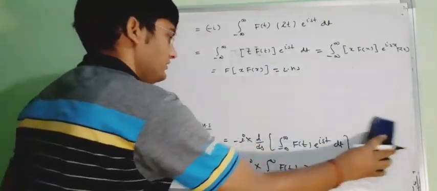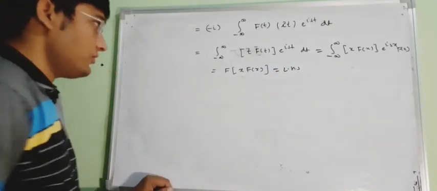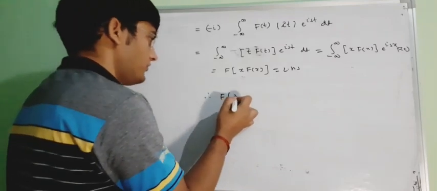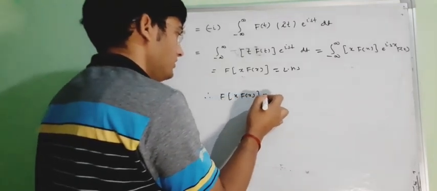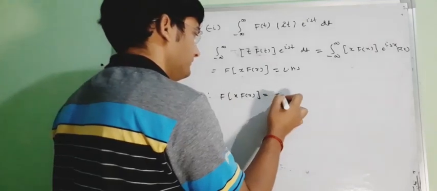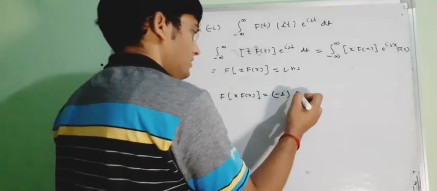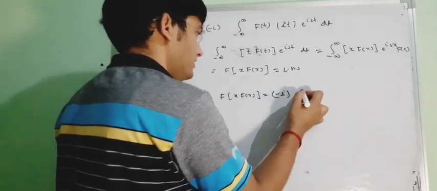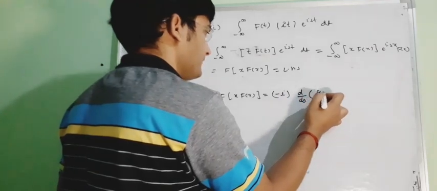Thus we can say that the Fourier transformation of x into f(x) is equal to minus i into the first derivative of F(s).